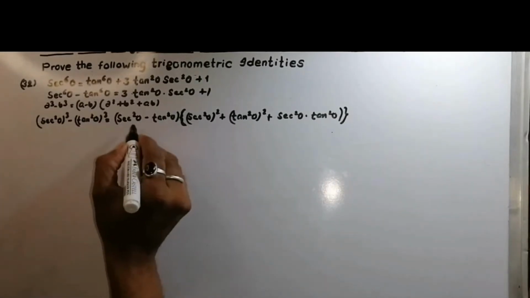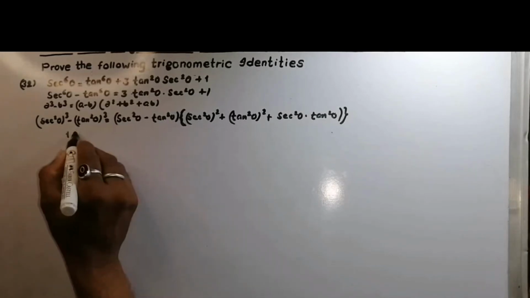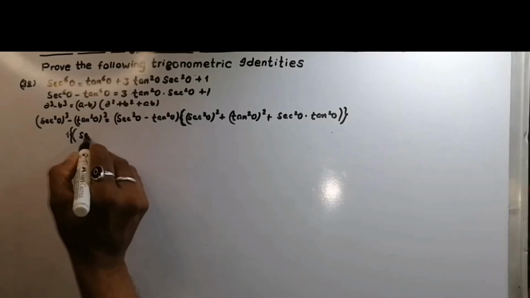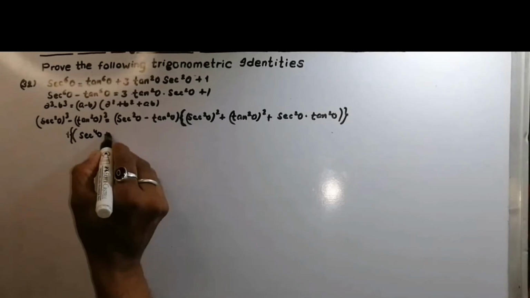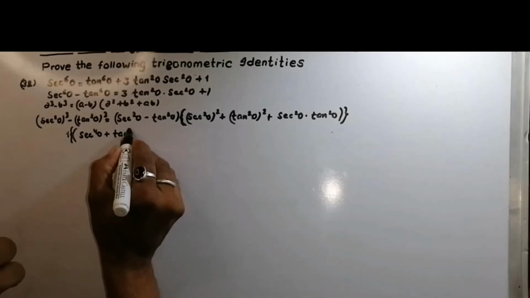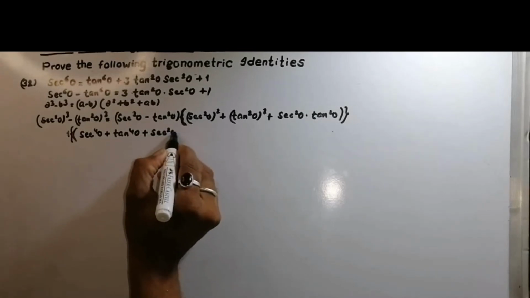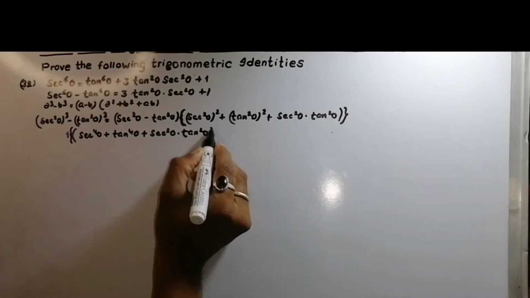So we know that sec square theta minus tan square theta is equal to 1. So we can write 1, and here sec 4 theta plus tan 4 theta plus sec square theta into tan square theta.